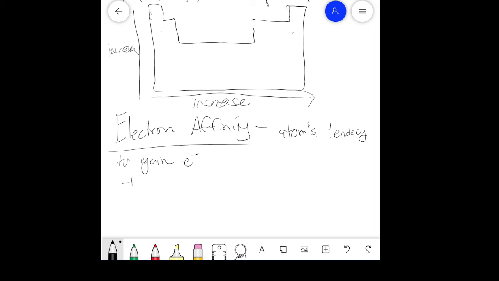So it's going to be high for nonmetals because they want that one more electron to be full, and it's going to be low for metals.